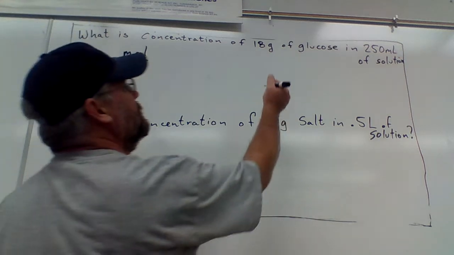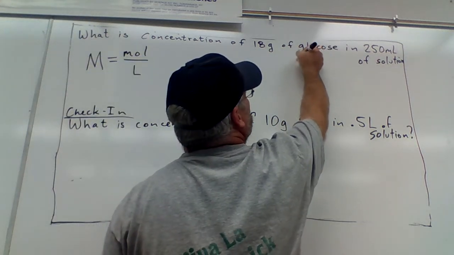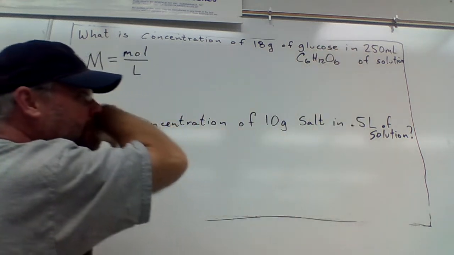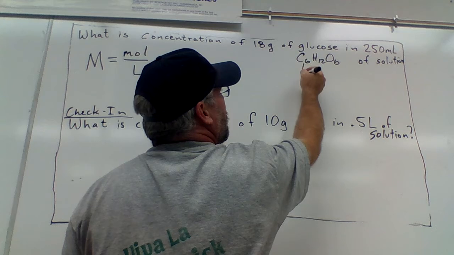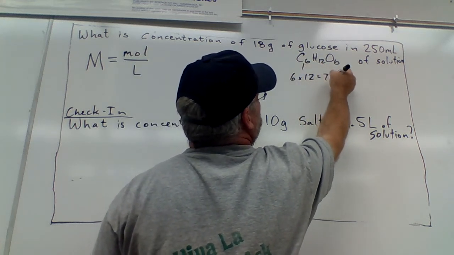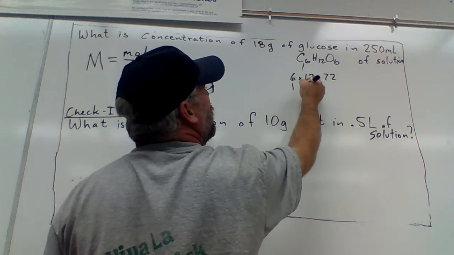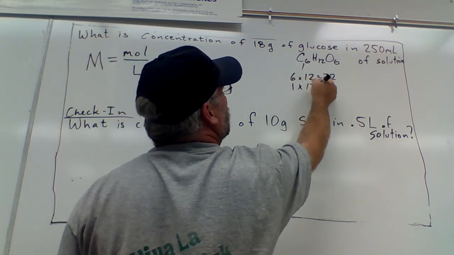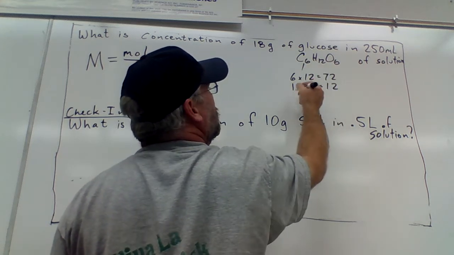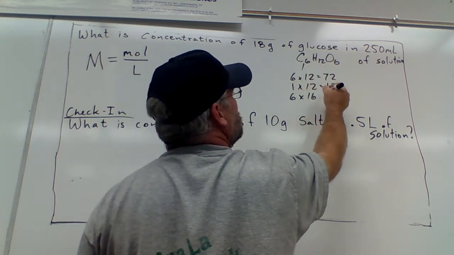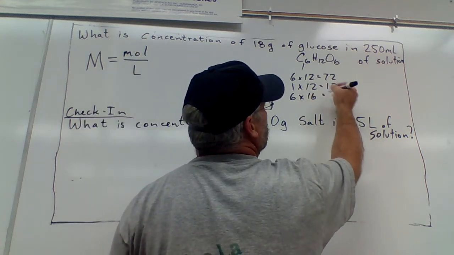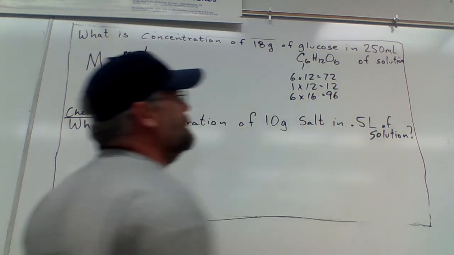So basically, glucose is C6H12O6. We've got 6 times 12, which is 72. We've got 1 times 12 for the hydrogen, and that is 12. And then we've got 6 times 16 for our oxygen, which is 96.